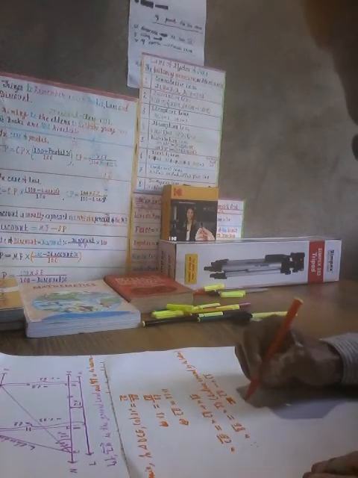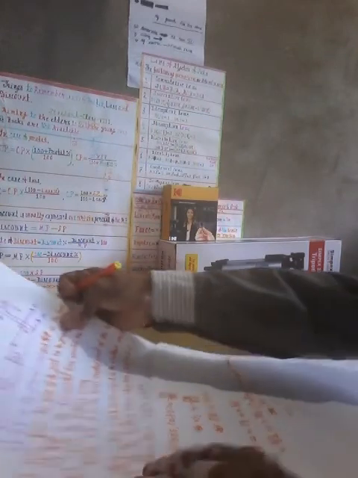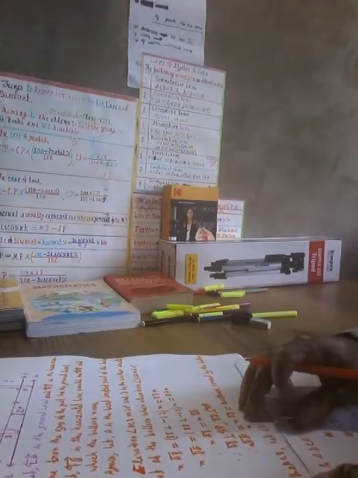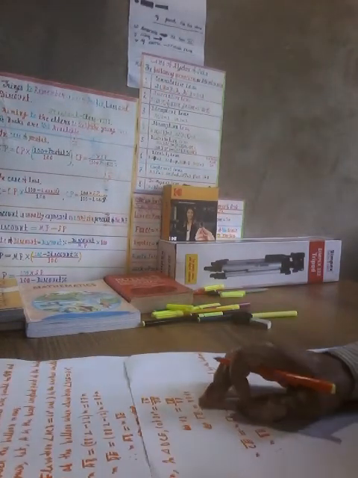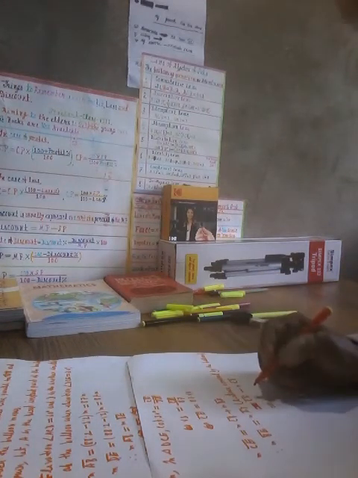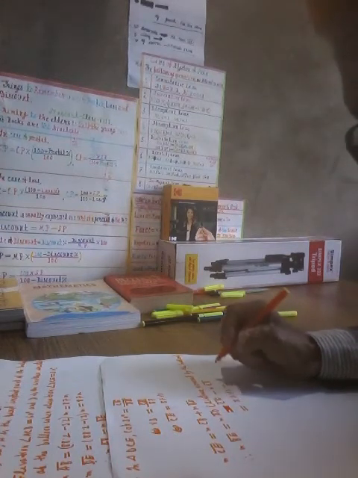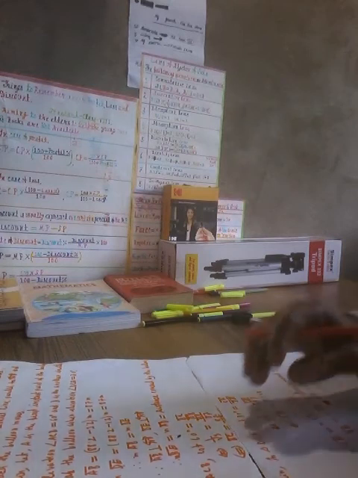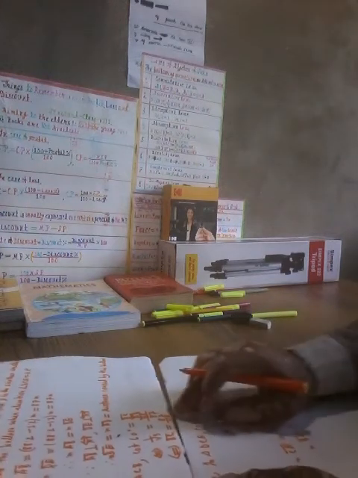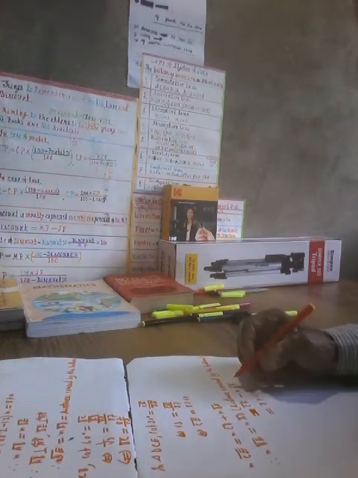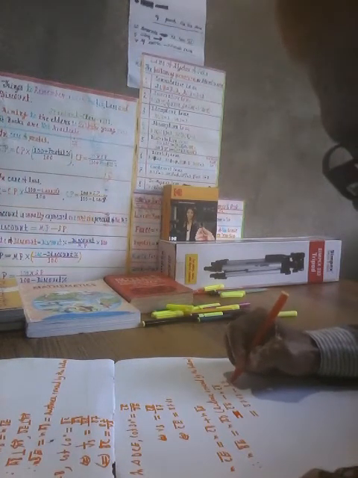In place of CE, just write 87 root 3 minus measure of CB or BC. In place of CB, you just write 87 by root 3.